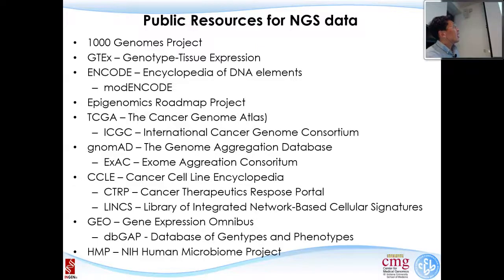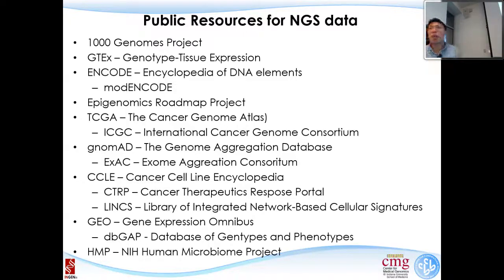And the ENCODE project, the goal here is to annotate the DNA. We got the letters of ACGTs, but we want to know which part encodes for a gene, which is a promoter, and what are the enhancers, and at different levels, what the signals really mean.